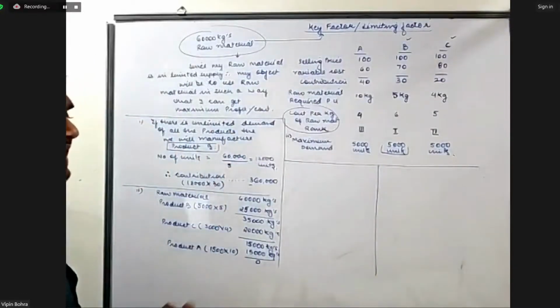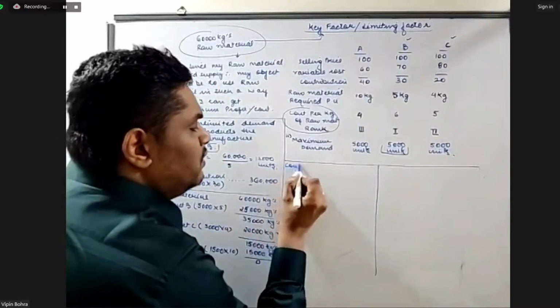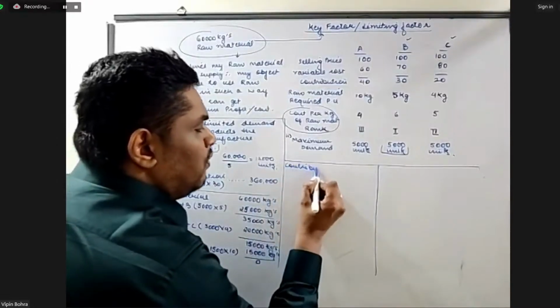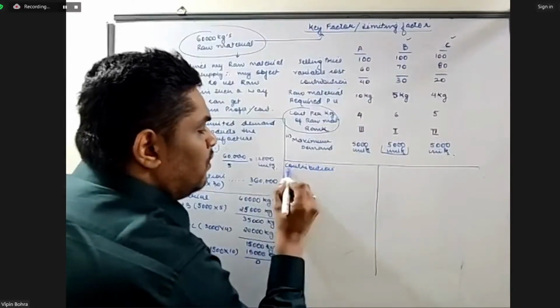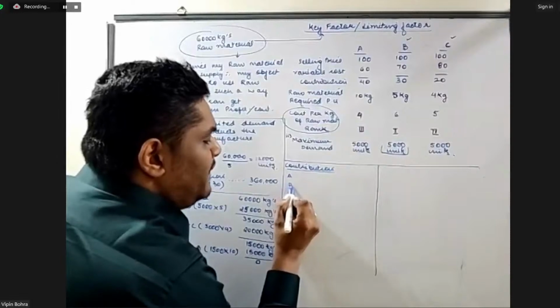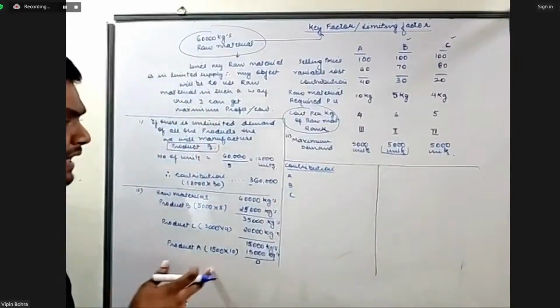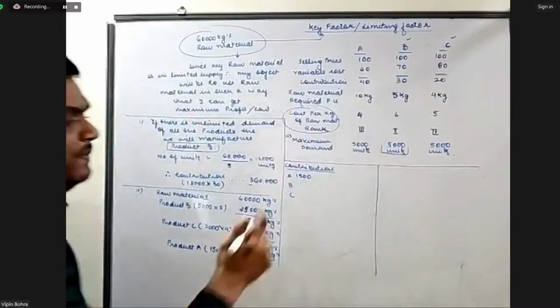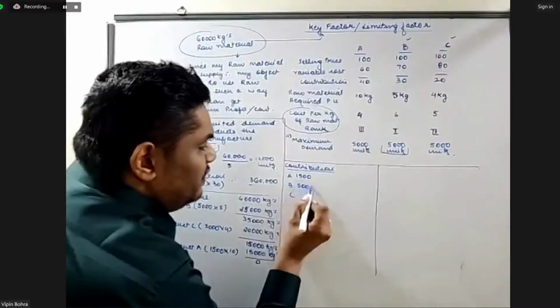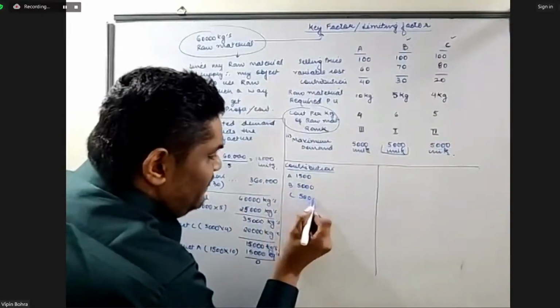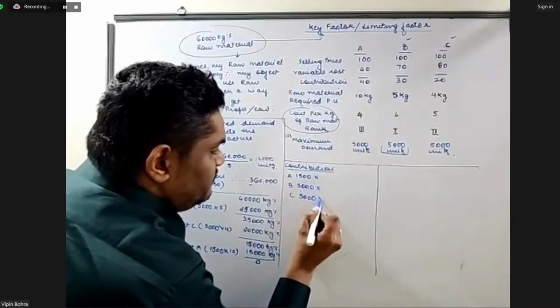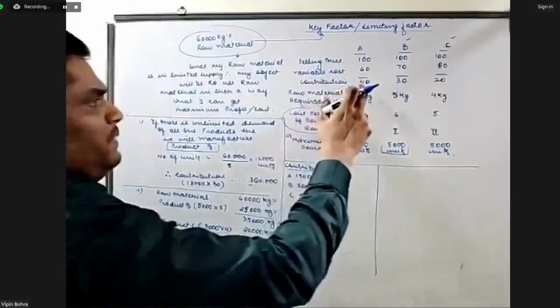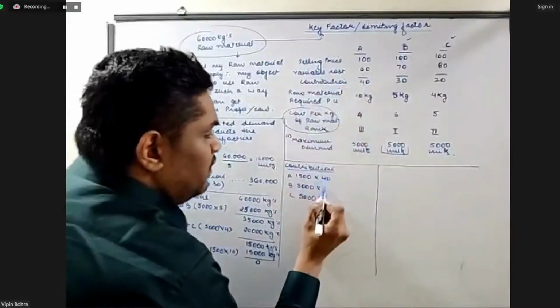So now we can easily calculate the contribution. A, B, and C. For product A, we have manufactured 1,500 units. For B, we have manufactured 5,000 units. And for C, we have manufactured 5,000. Contribution per unit is 40.